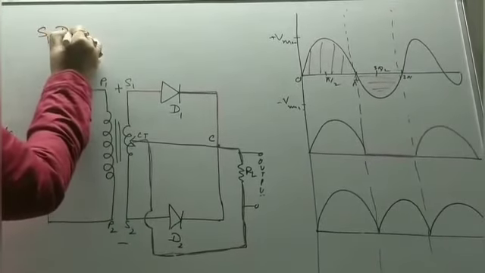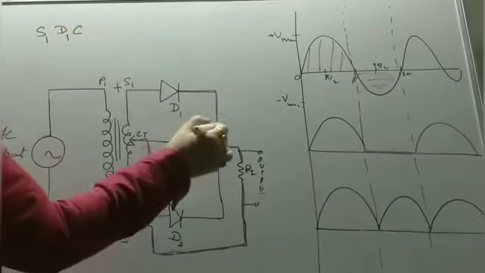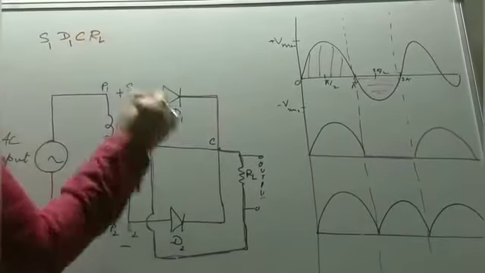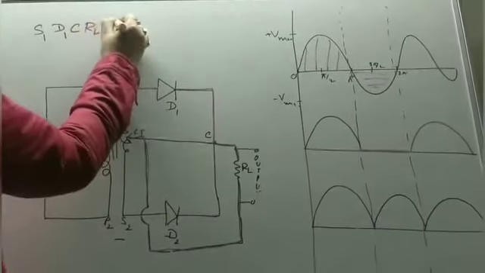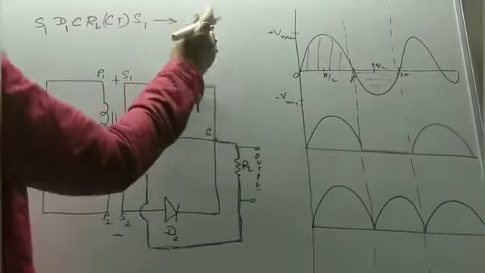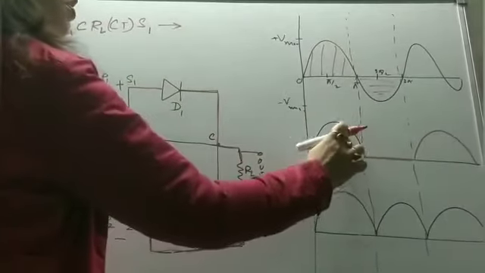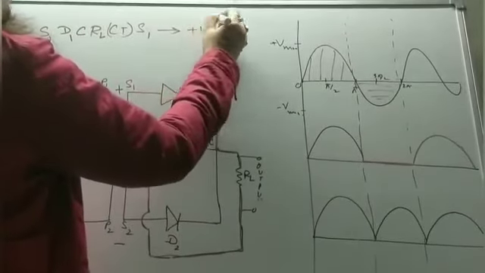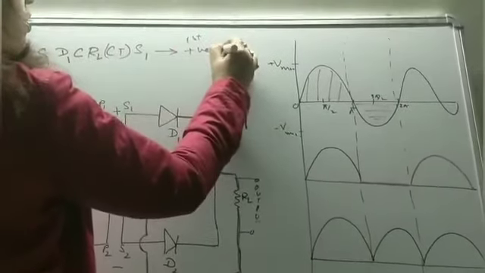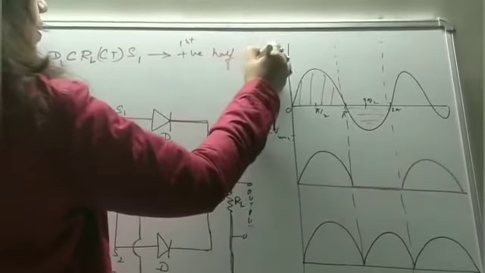S1, D1, C, RL, back to CT and then finally it reaches S1. This is the first wave, in the first positive half cycle.